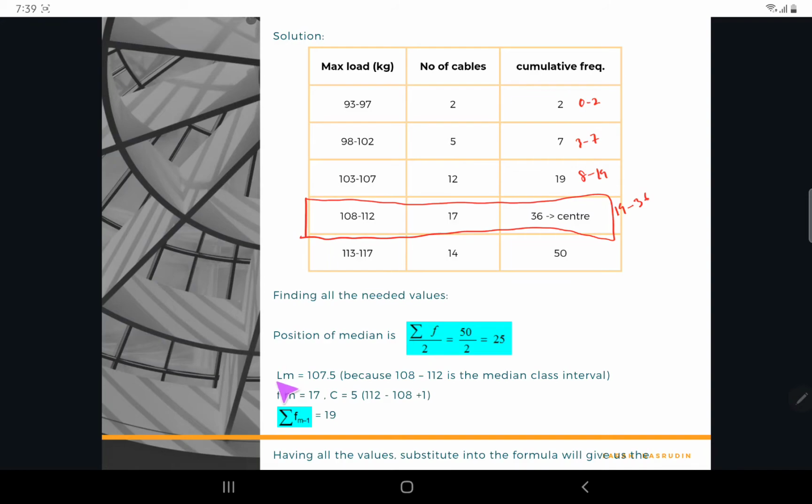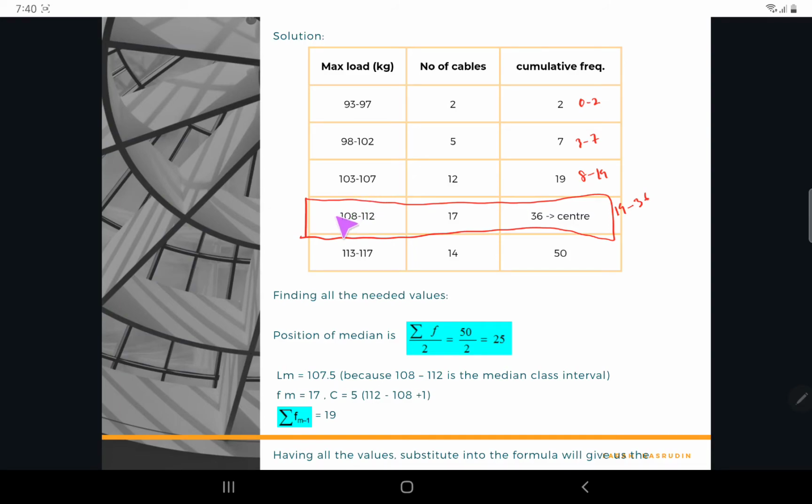So the first one, to find LM. Okay, LM is the lower limit of the median class. Lower limit. Okay, lower limit of the median class. So kita kena cari limit lah dekat sini. Okay, so this is our median class. So the lower limit is 107.5.